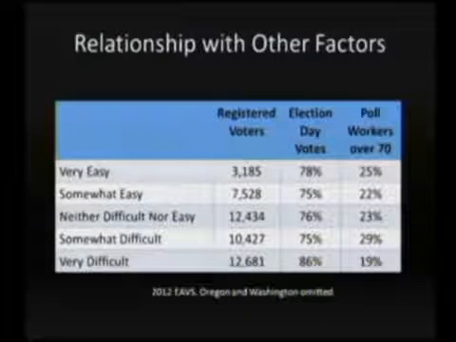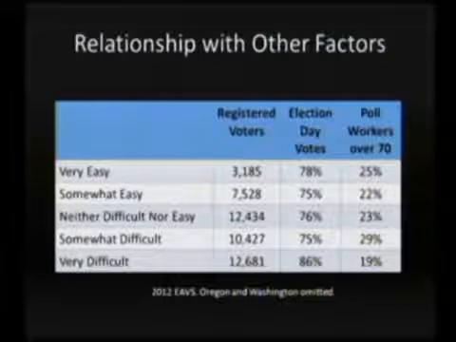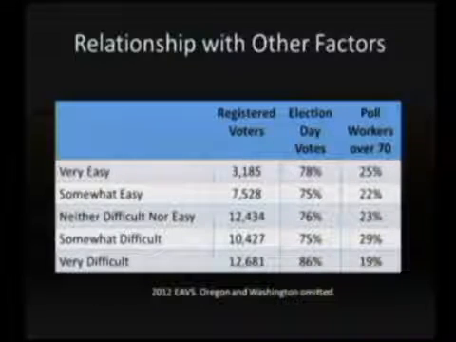In the second column, you'll see the percentage of votes that are cast on Election Day versus being cast in advance. It's about 75% cast on Election Day for the upper categories, and in the most difficult category, it's slightly higher, so it looks as though there's more pressure on those communities that have more Election Day voting, as would make sense.